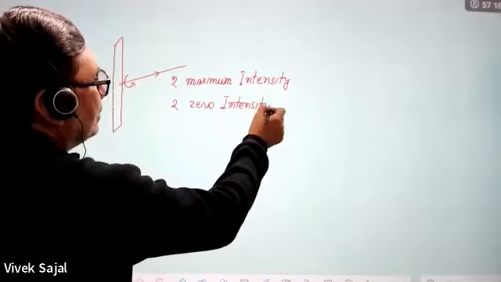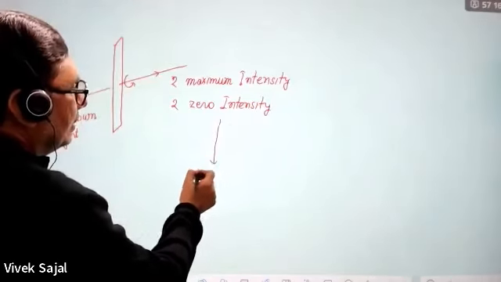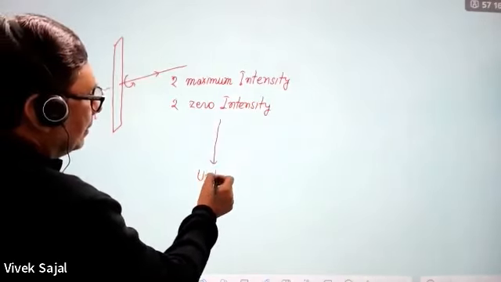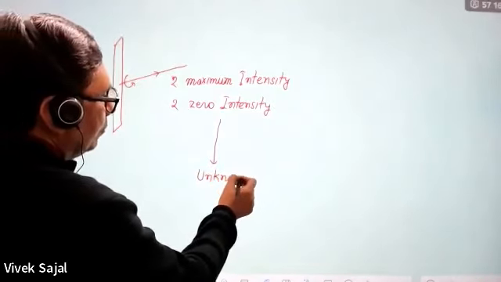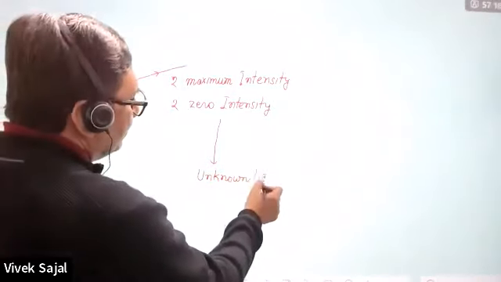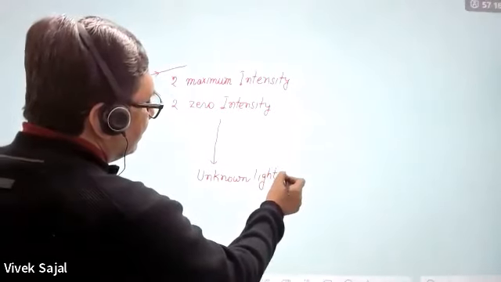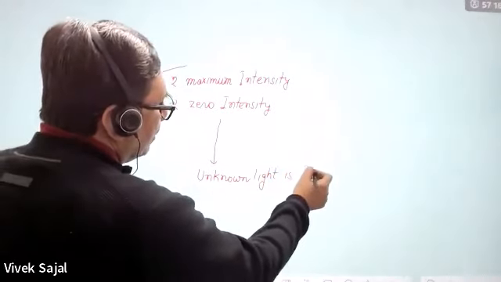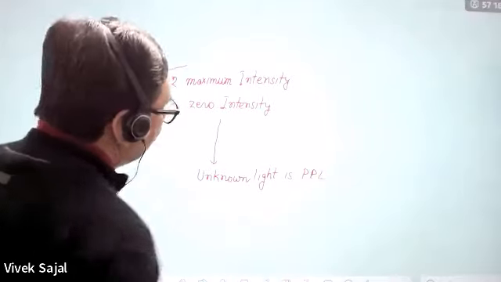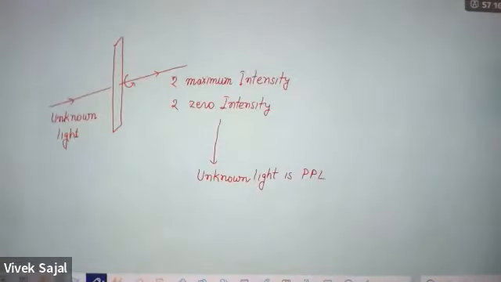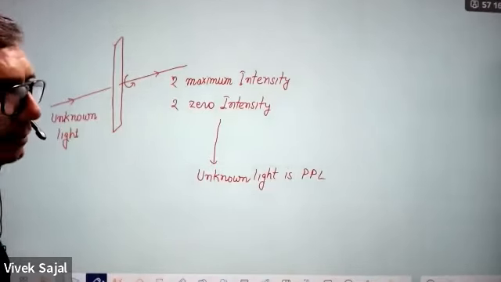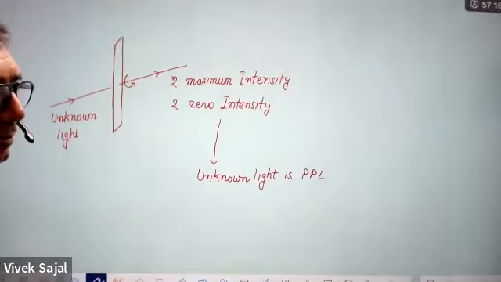If you are getting this result, this indicates that the unknown light is plane polarized light. Okay, unknown light is plane polarized light. This is one of the results.